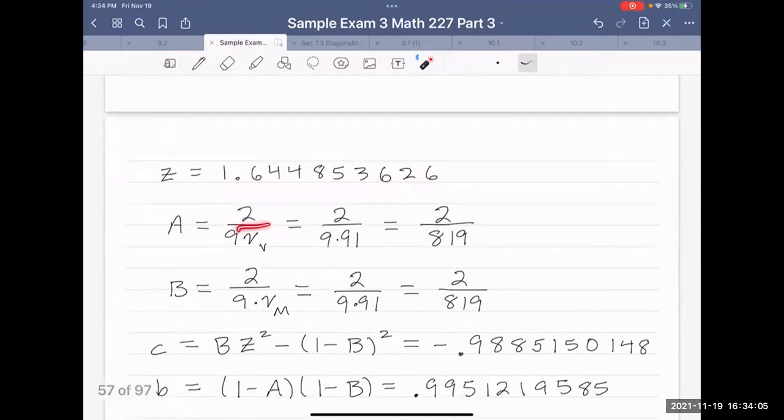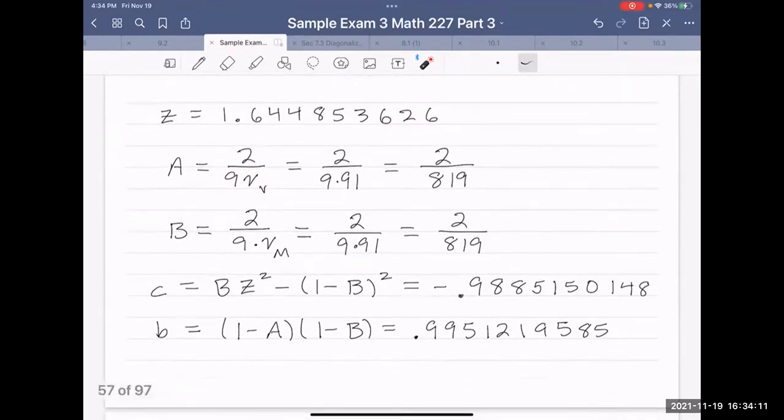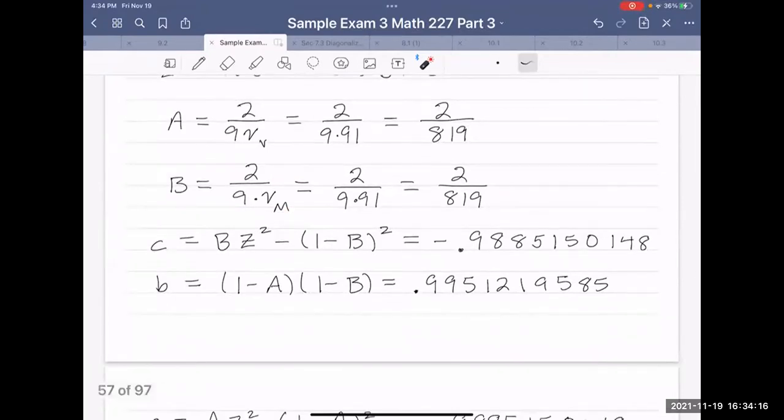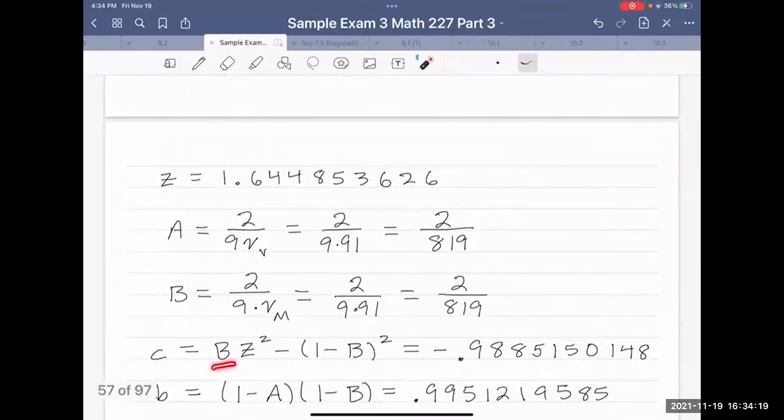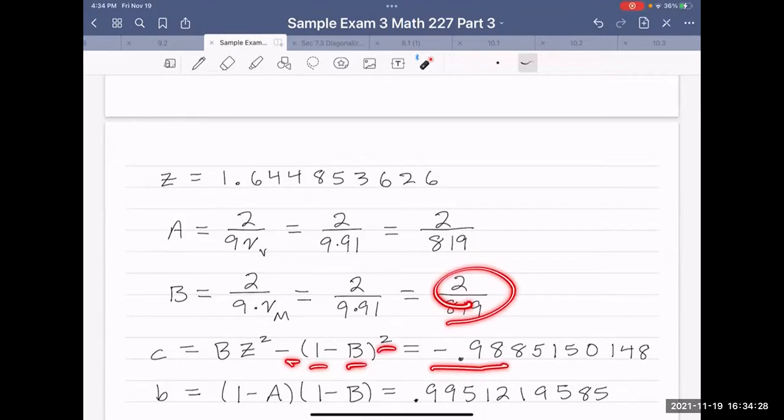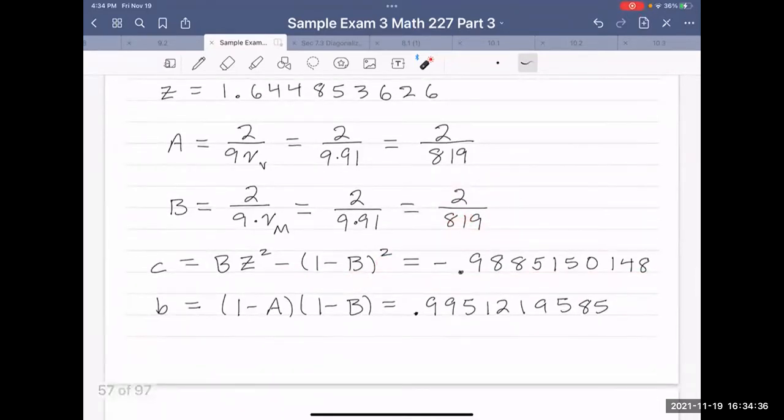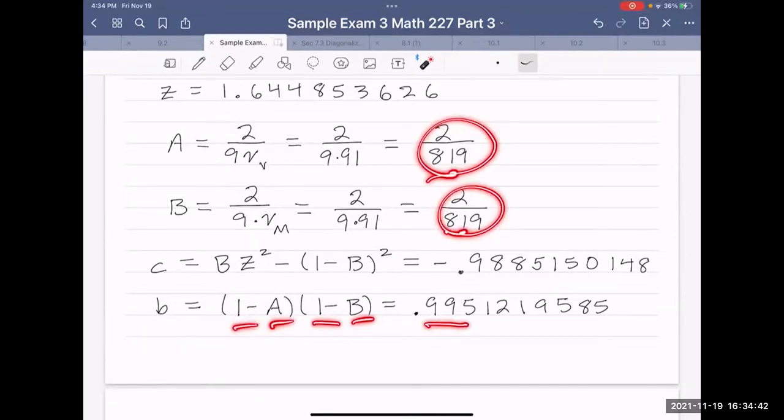So A is equal to 2 over 9 times the degree of freedom for Virginia, so 2 over 819. B is 2 over 9 times degree of freedom for Maryland, 2 over 819. So C is equal to B, Z minus 1 minus B squared, negative 0.9885150148. B is equal to 1 minus A times 1 minus B, 0.9951219585.